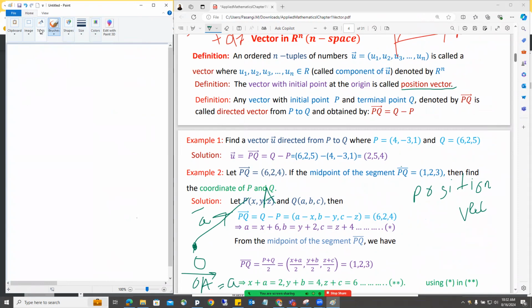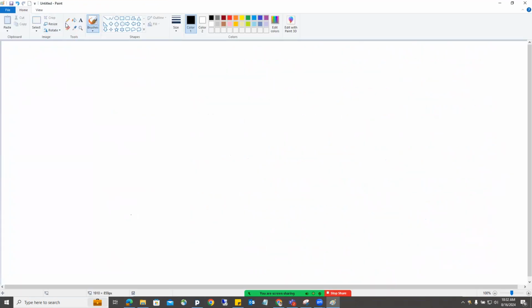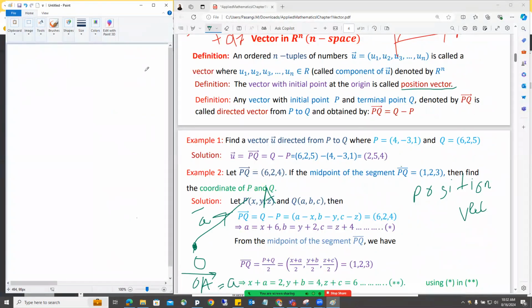If it's a position vector, what you need to know is that the position vector always starts with the origin.